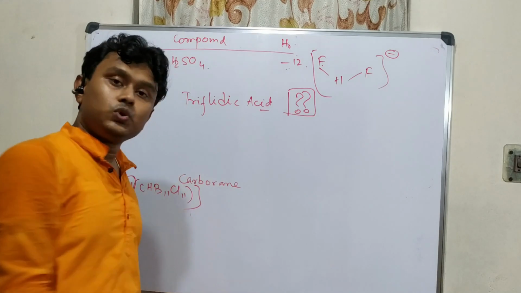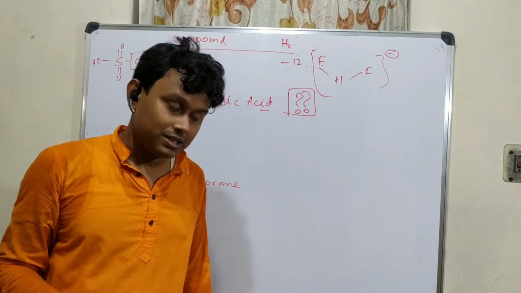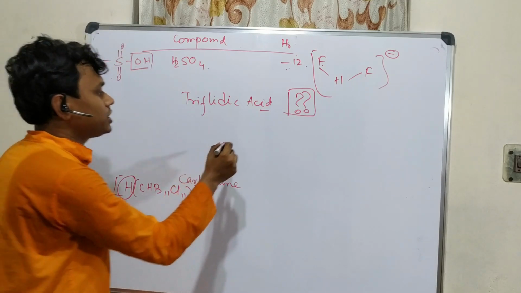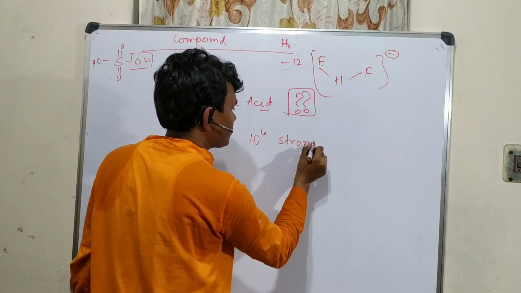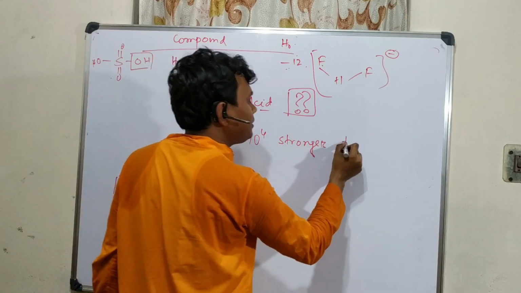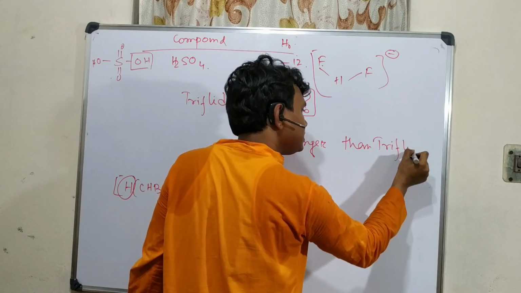So I request you people that if you get its H0 value, please mention it in the comment. What I obtained is that this is 10 to the power 4 times stronger than triflic acid.